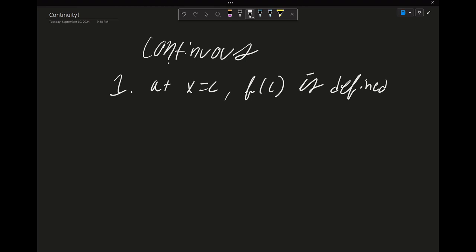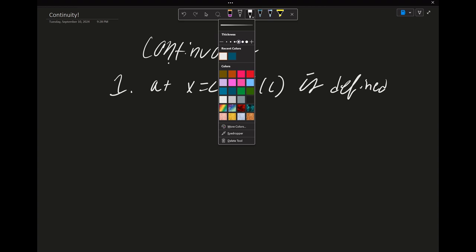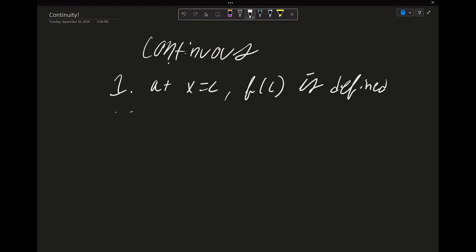The second would be that the limit, like we talked about in the last video, as x approaches the value c from the left, which we denote by this little negative sign above here, equals the limit as x approaches c from the right.